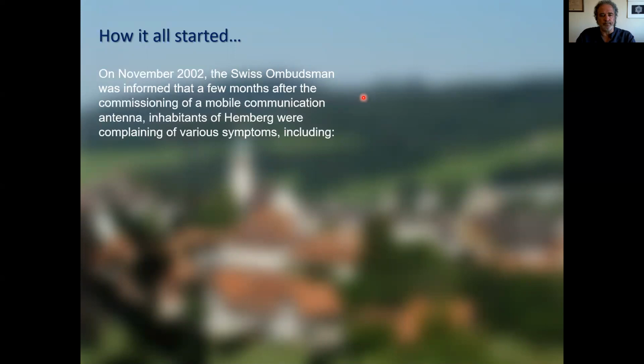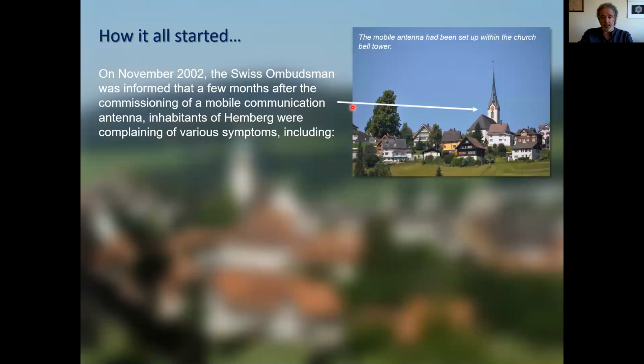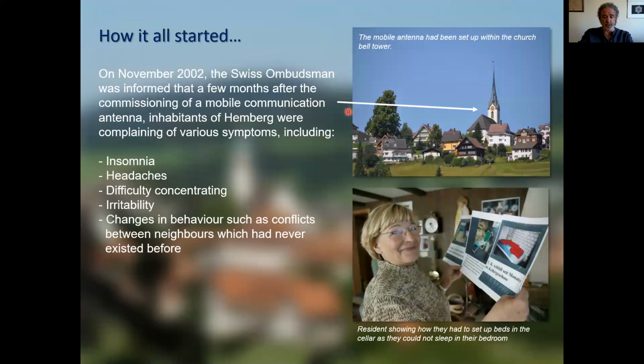Now, the Ombudsman was informed that a few months after the commissioning of a mobile communication antenna, inhabitants of Hamburg were complaining of various symptoms, including insomnia, headaches, difficulty concentrating, irritability, and changes in behavior, such as conflicts between neighbors, which had never existed before.